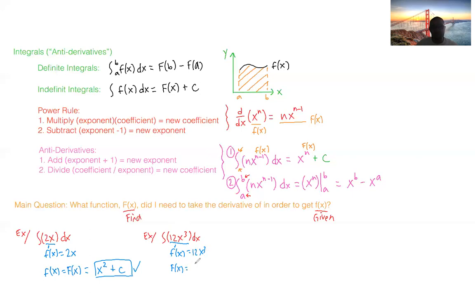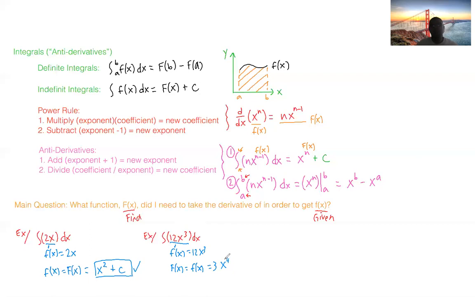So essentially, we're asking for the original f of x that gave us this f prime x. And so again, step 1, we're going to add 1 to the exponent. In this case, 3 plus 1 is x raised to the 4th. And we're going to divide the current coefficient, 12, divided by the exponent, 4. That's going to give us 3.